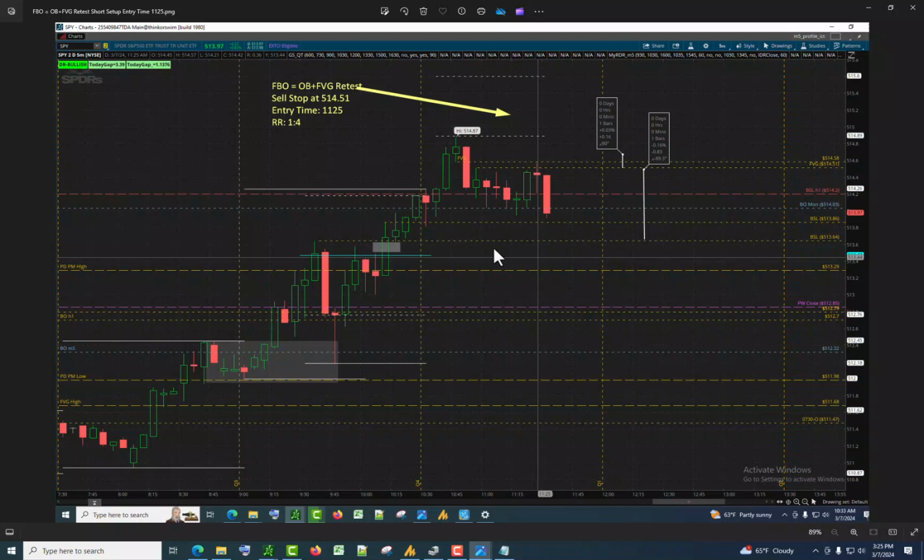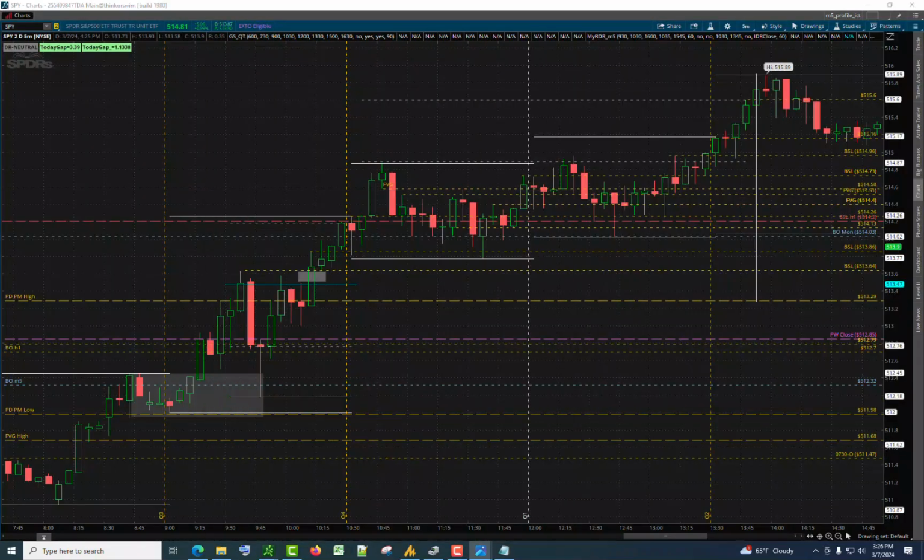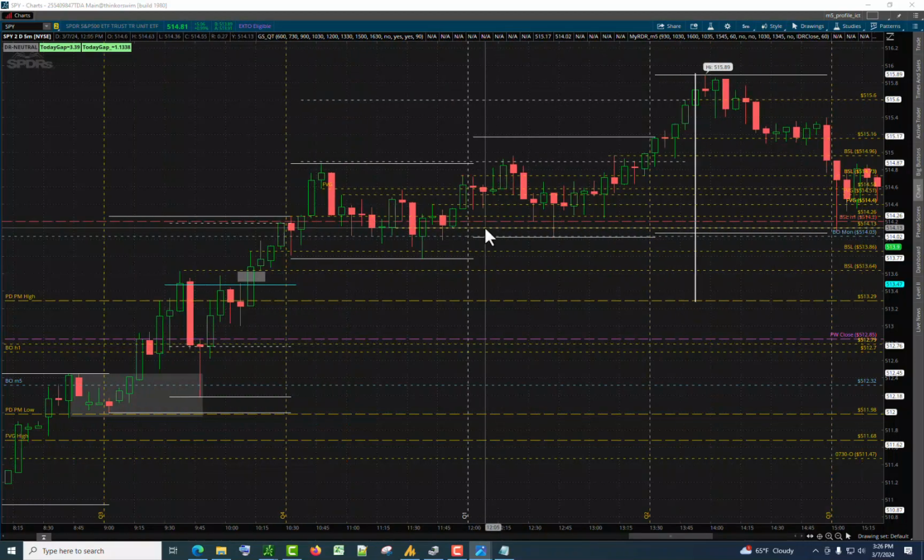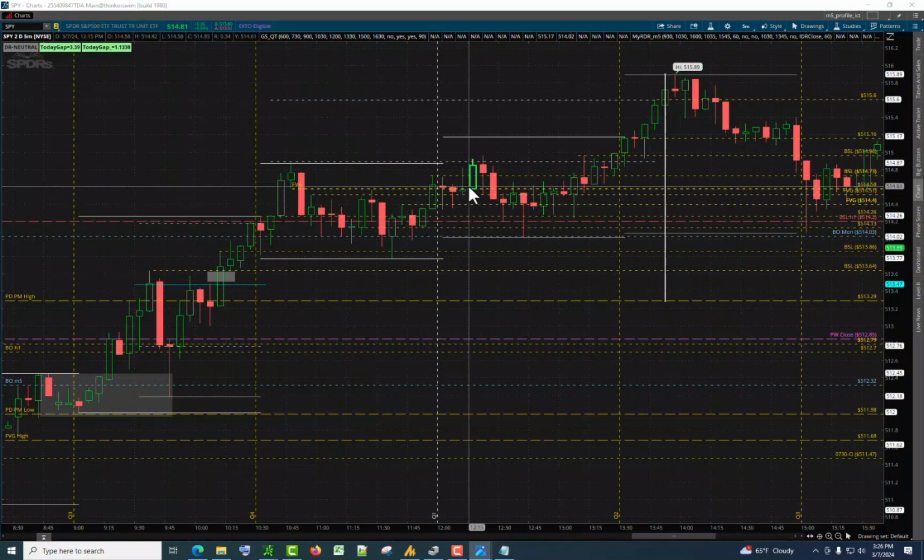It couldn't make it. It's like 10 cents above our target, and then it reverted back. We cannot afford to give back much gain, so we moved our stop loss right there, and we got kicked out.